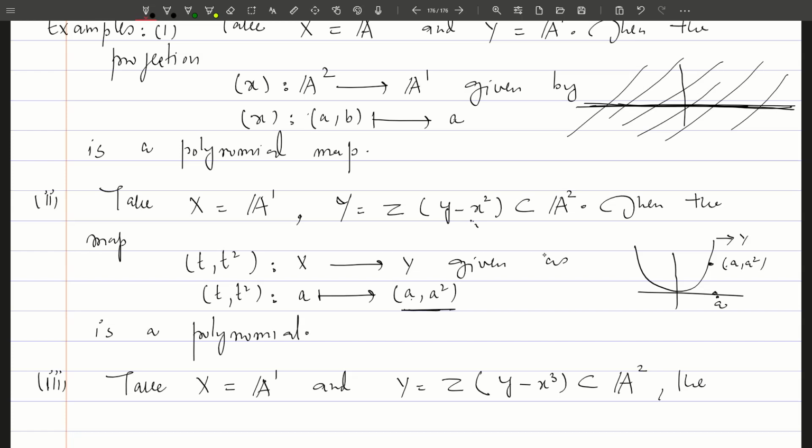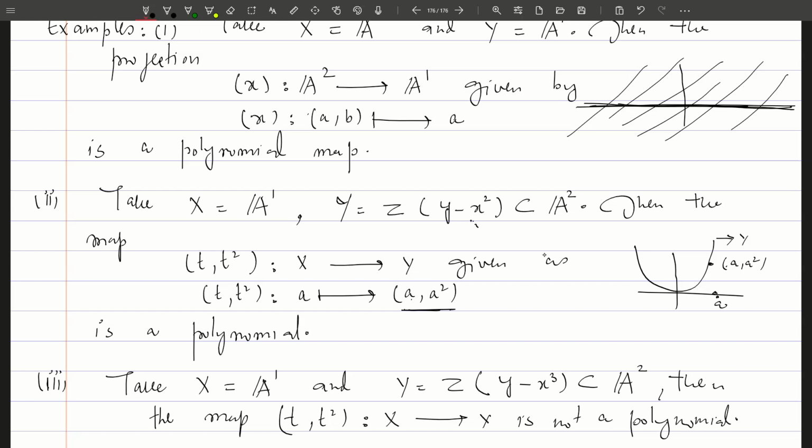So then the map t goes to t square from the set X to Y. So this is not a polynomial map because it is not a map in the first place.